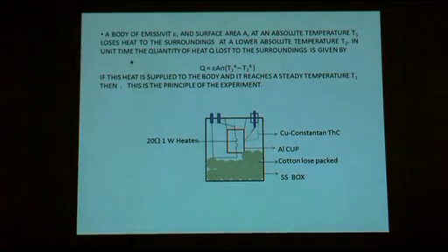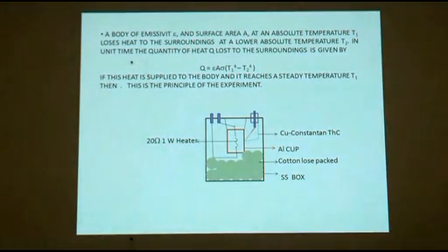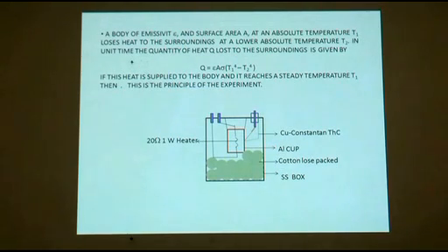Then the body can lose heat only by radiation. If its temperature is T in Kelvin, the amount of heat it loses will be sigma into emissivity epsilon into area of surface into T power 4 minus T2 power 4. T is the temperature of the body in Kelvin, T2 is the temperature of the surroundings.